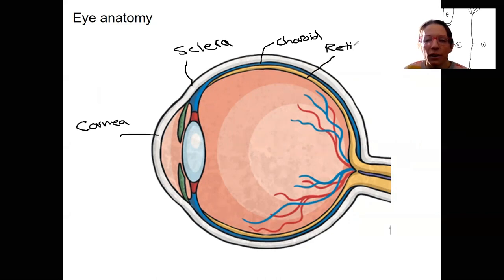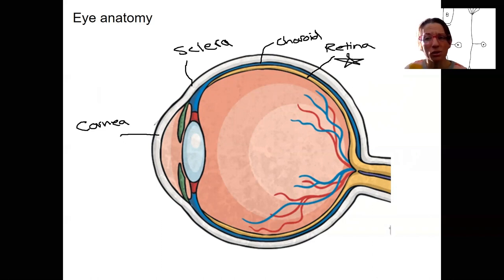This is where photoreceptors are located, as well as other layers of cells that are going to allow for phototransduction, and then processing. Initial processing actually happens in the eye. So this will be the focus of lecture, the retina. So those are the layers.